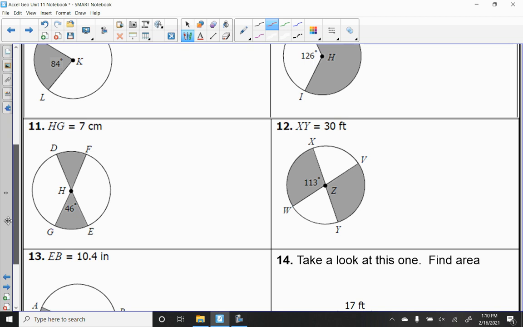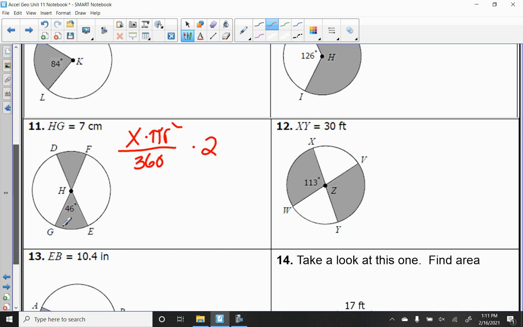Let's take a look at number 11. Number 11, we're going to find the area of both sectors. So basically, we have two pizza slices to consider. Now, what you need to see on these two pizza slices is that these are equal pizza slices. So if I find the area of one of these slices in this problem, I could just multiply this by 2 because there's two equal slices.